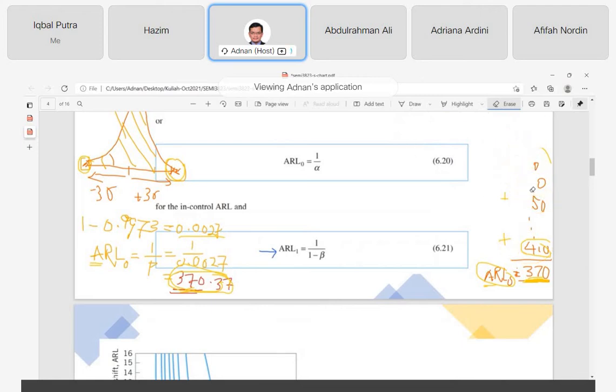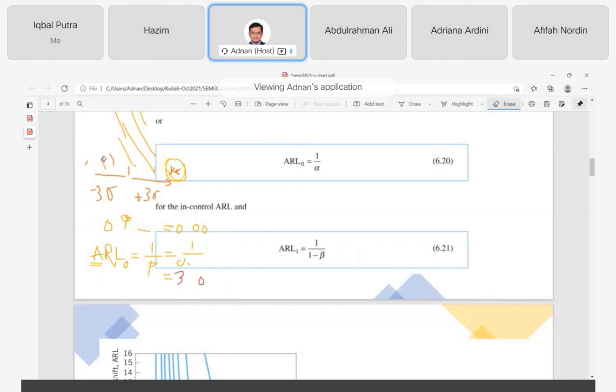All right, so what happens if the process is unstable? Let's say a process is having a problem. When a process is having a problem, we want to detect it as quickly as possible.